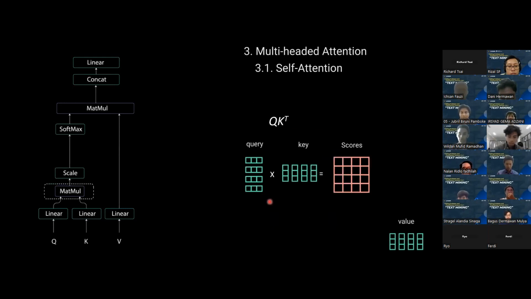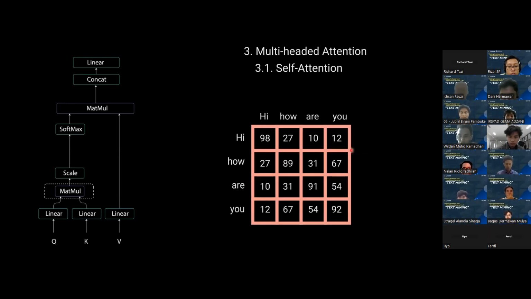When we multiply the query matrix with the transpose of the key matrix, we obtain the scores matrix. Let's assume that this is the scores matrix. So we can see that we have the correlation or self-attention between these 4 words, "Hi, how are you?"